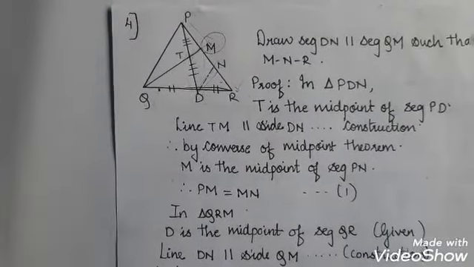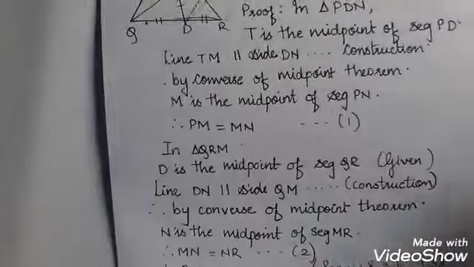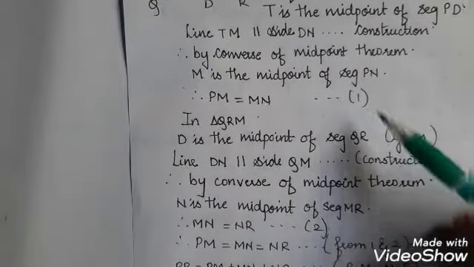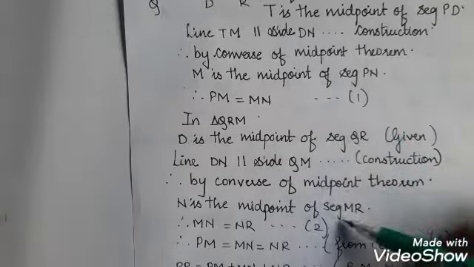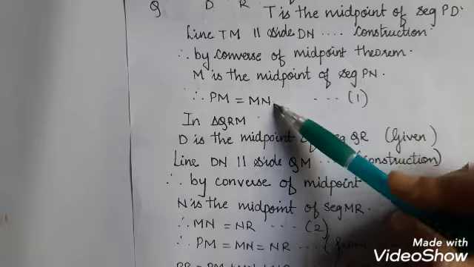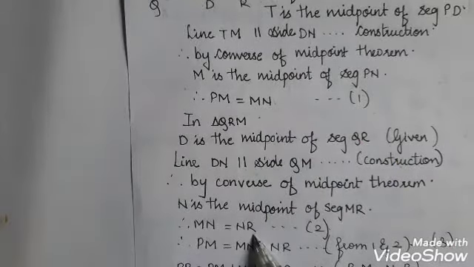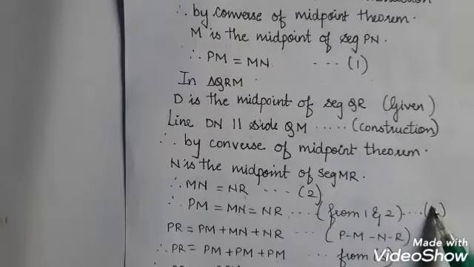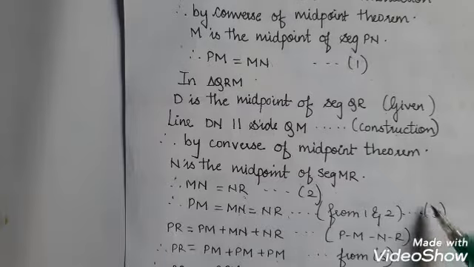That is equation 2. Now we compare equation 1 and equation 2. Equation 1 is PM is equal to MN, and equation 2 is MN is equal to NR. So I can say that PM is equal to MN, which is equal to NR. That is equation 3 from equation 1 and 2.